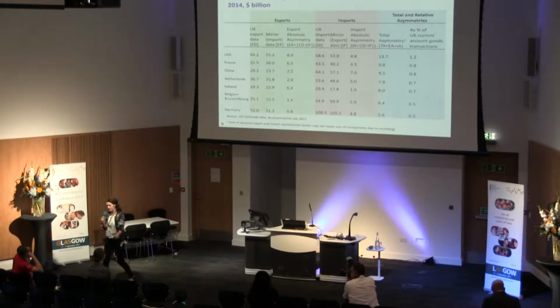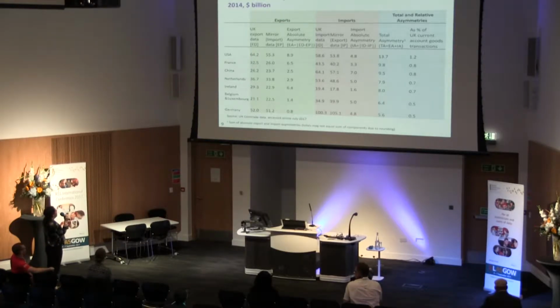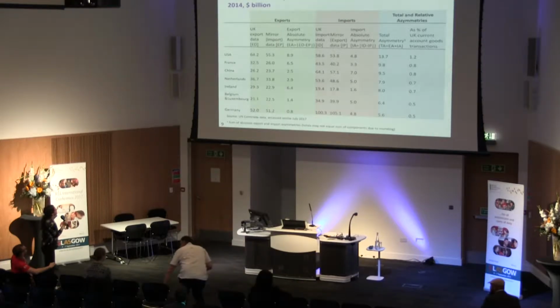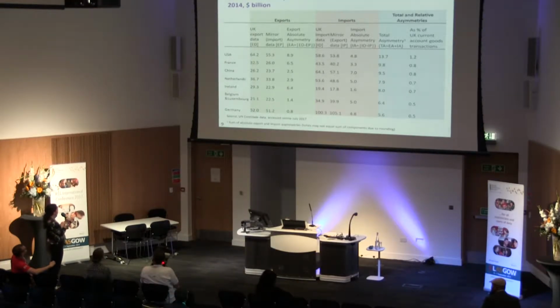I'm going to step back a little bit so I can see. So this table shows trade and goods asymmetries for the UK in UN Comtrade data for 2014 in dollars billion. So here we have those major trade and goods trading partners that I've already presented to you on the other figure.